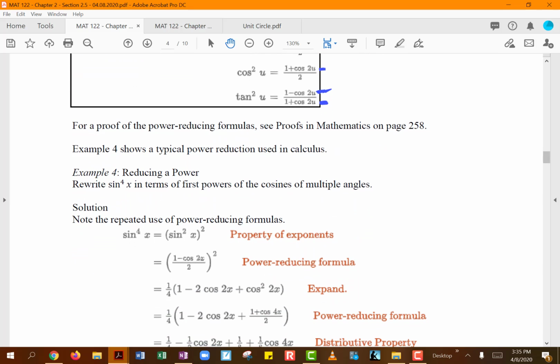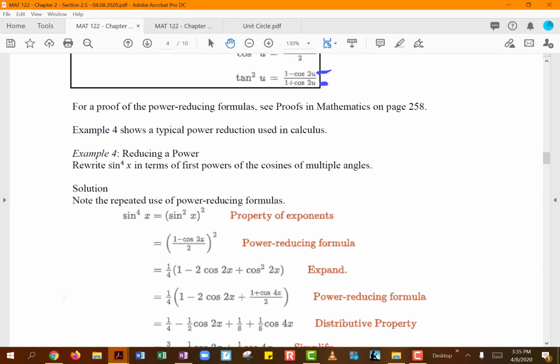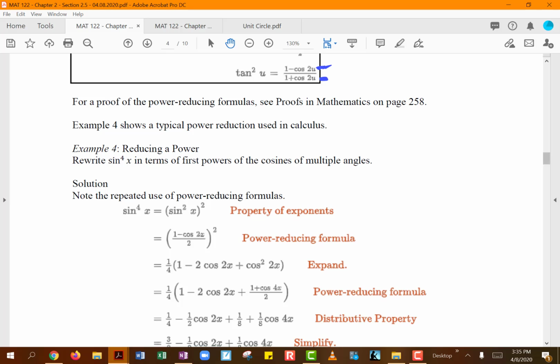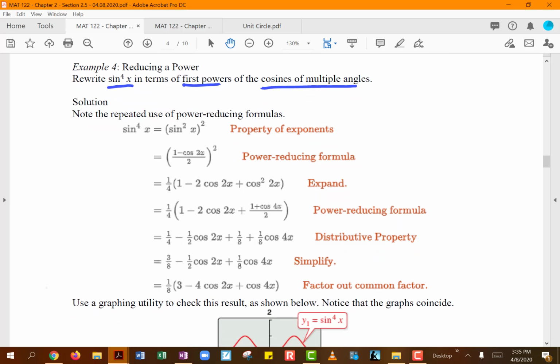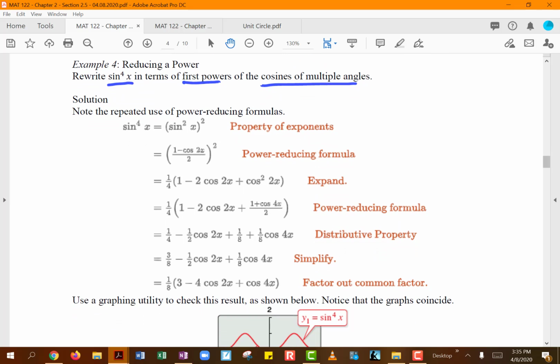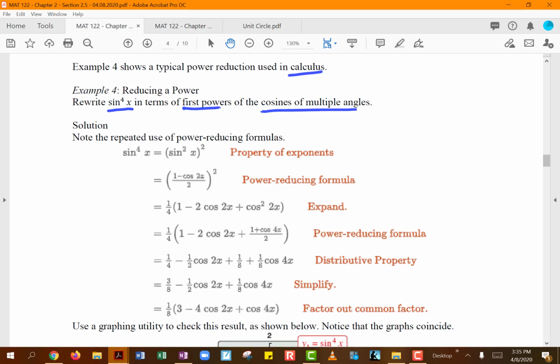So this example here, as you can see, is a typical example you would end up seeing in a calculus course. They are talking about rewriting sine to the fourth power of x in the first powers of the cosine of multiple angles. Okay? So when they are saying it can be cosine of multiple angles, they are basically saying it can be in terms of cosine of k times u.